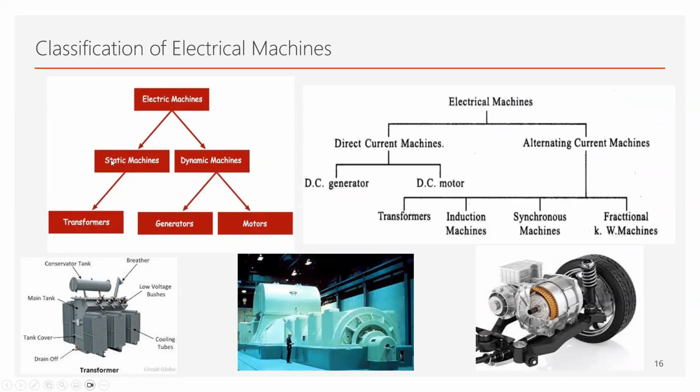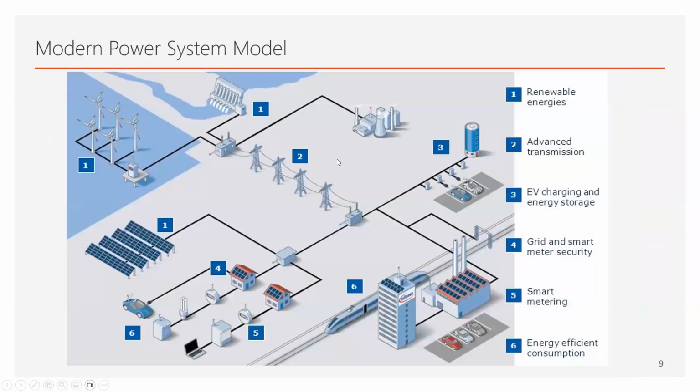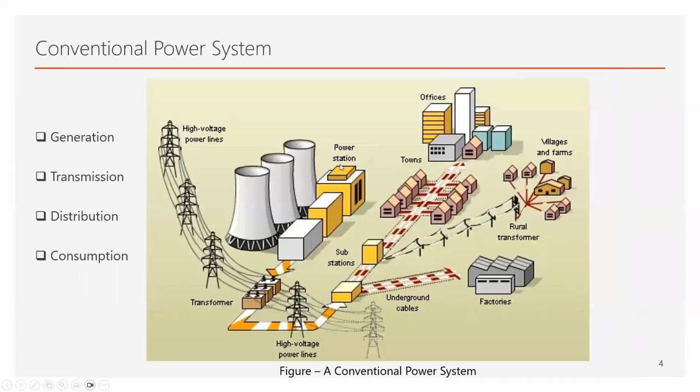So electric machines are normally of two types. One is static machines, another is rotating machines or dynamic machines. So what are static machines? Those are called transformers. I have mentioned earlier that in every section, we needed to uplift the voltage. Let's go back here.